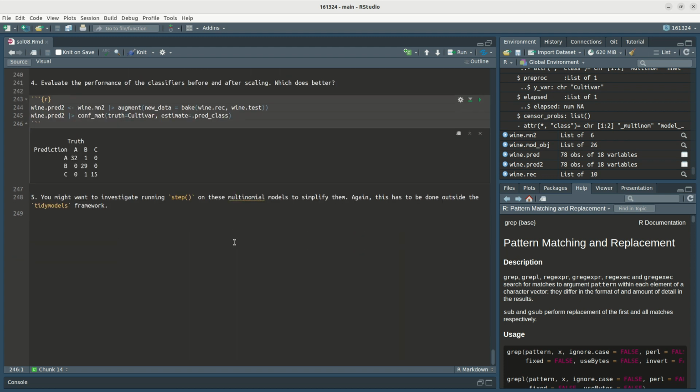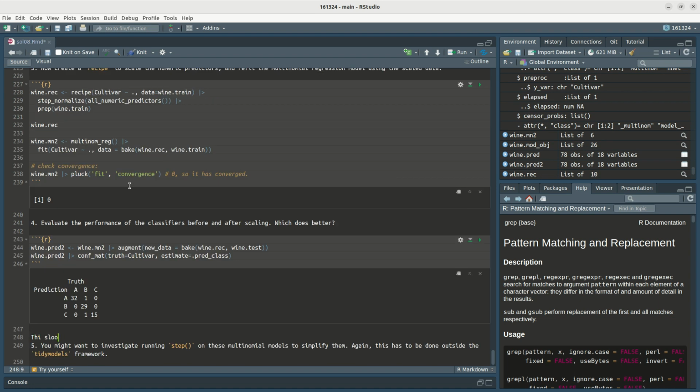And then I get something that looks a bit more sensible. So this looks more promising. We're only getting 2 wrong now, both cultivar B, one of which is assigned A and the other C.